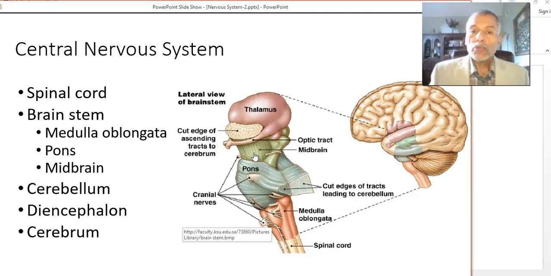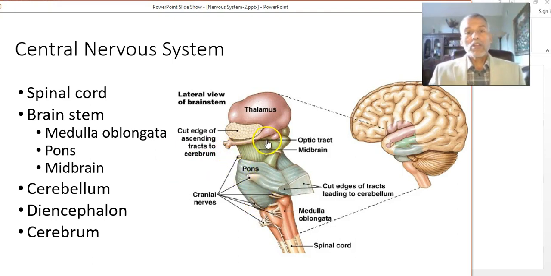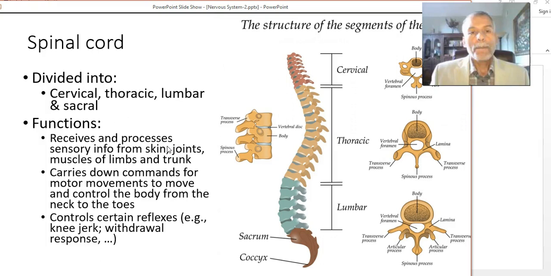So make sure to understand the location and the structure of each part, because you will have images like these, and then you will be asked to label, to name these various structures. So 1, 2, 3, 4, 5 major structures, and the brainstem has 3 major structures. So 1, 2, 3, 4, 5, 6, 7, 8 major structures of the central nervous system. So let's look at the spinal cord.